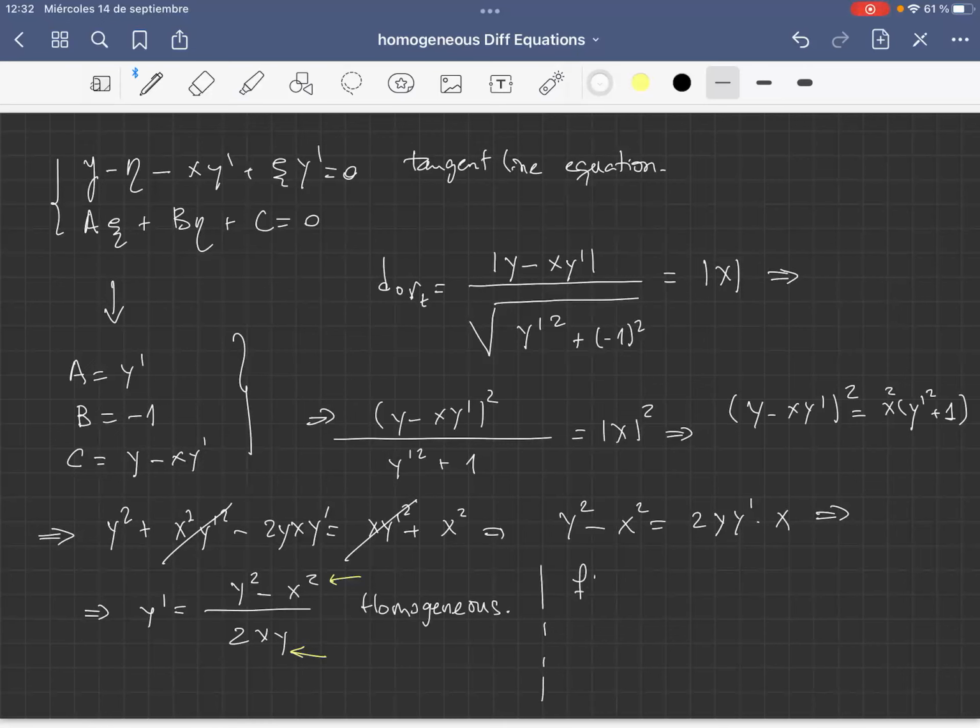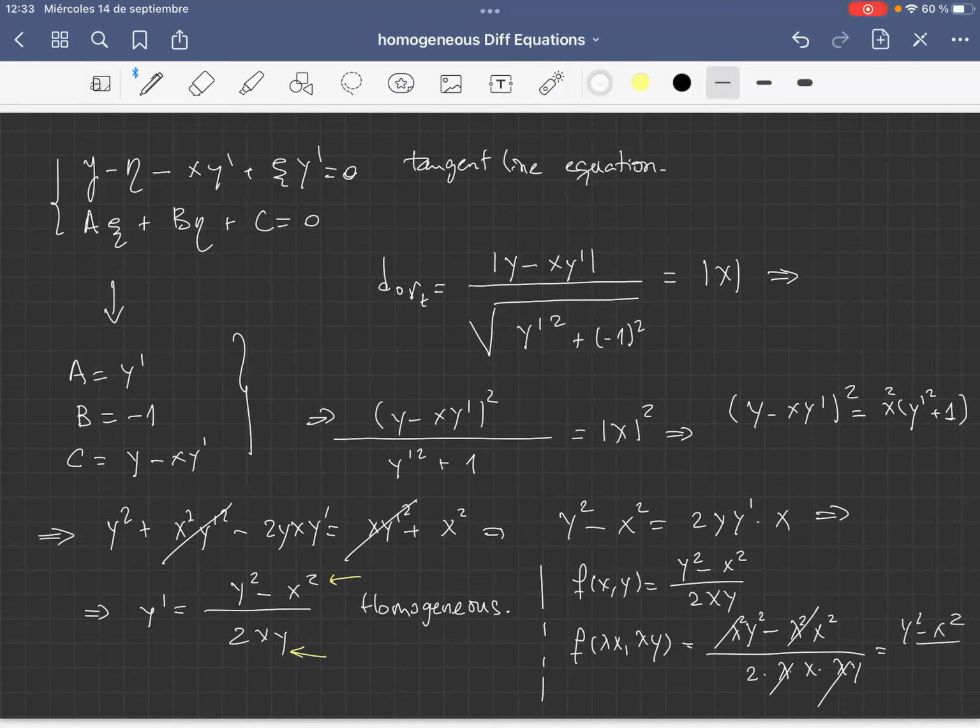Our function f(x,y) is (y squared minus x squared) over 2 times xy. If we rescale it with the factor lambda, as we said, we get lambda squared y squared minus lambda squared x squared divided by 2 times lambda x lambda y. Realize that the lambdas cancel, and it becomes exactly the same as before. So the equation is homogeneous.